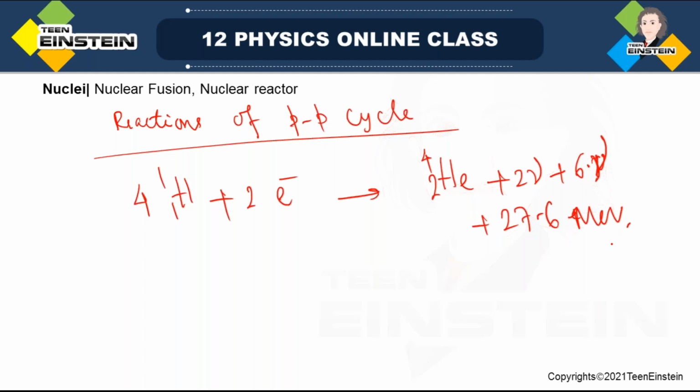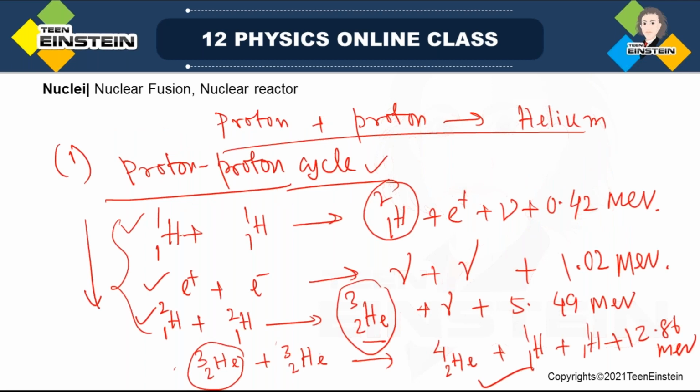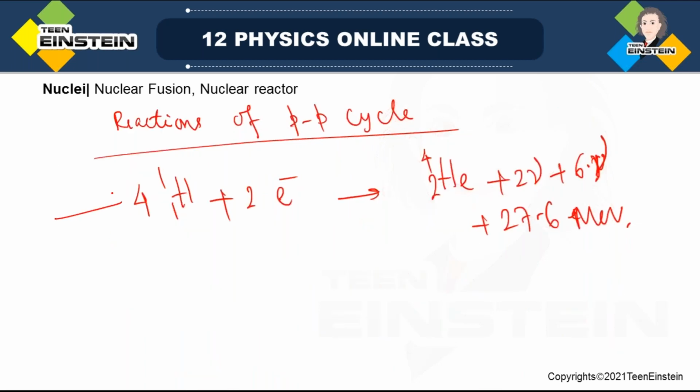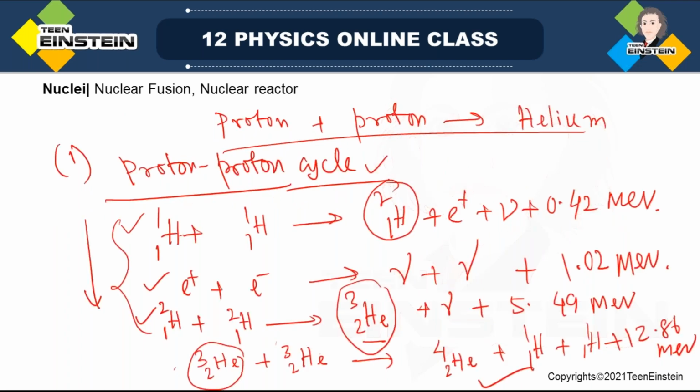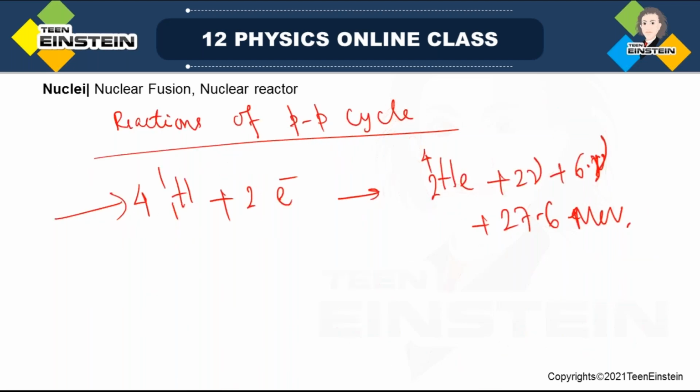So this is the reaction, all the reactions in combination, written as a single line. There will be 4 protons required and 2 electrons as reagent, and then a helium nucleus produced.